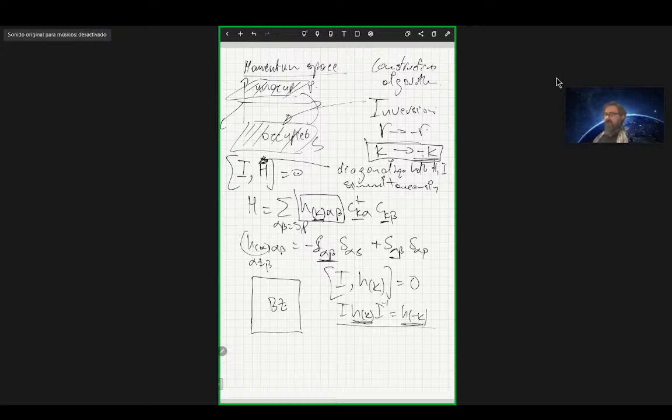So once you have a momentum quantum number, inversion relates states at k to states at minus k. But at some special k points, the Hamiltonian commutes with the inversion operator.